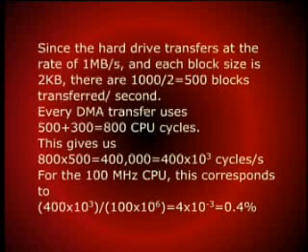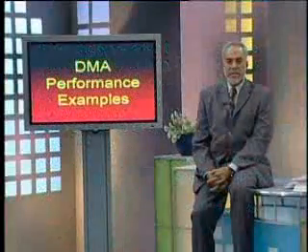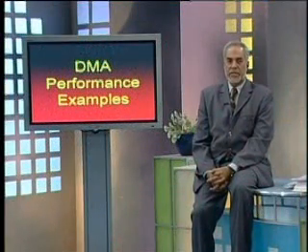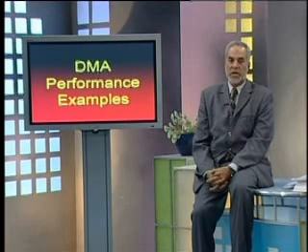So the total overhead would be 800 CPU cycles. This gives us 800 multiplied by 500, which is 400,000 cycles per second. For a CPU clock of 100 megahertz, this corresponds to 400 times 10 to the power 3 divided by 100 times 10 to the power 6, which is only 0.4%.